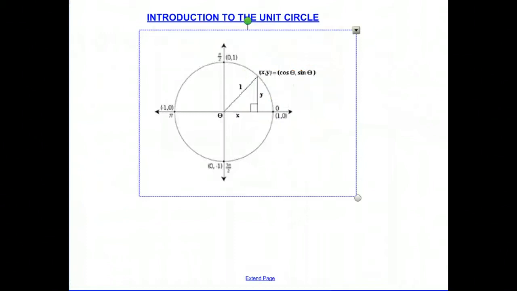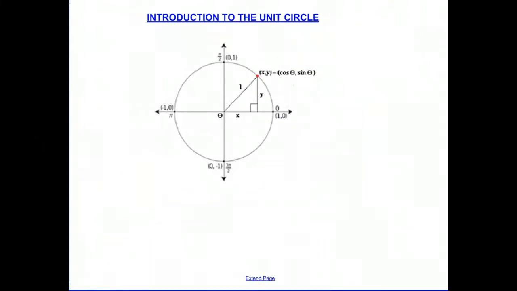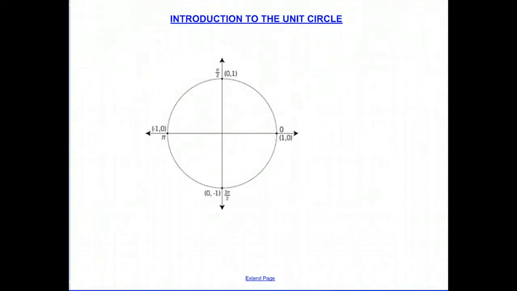So let's write this a little bit more neatly so you can see what we have here is the unit circle. And this point right here is our x comma y, but it can also be written as the cosine of theta, sine of theta. So let's do a little example. So let's draw a 60-degree angle, and we'll estimate that to about here.